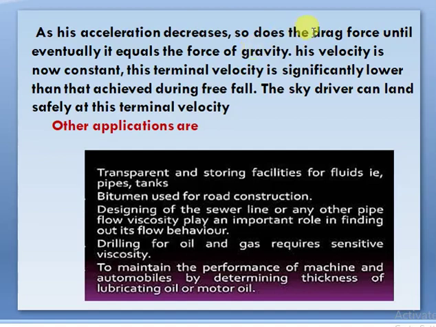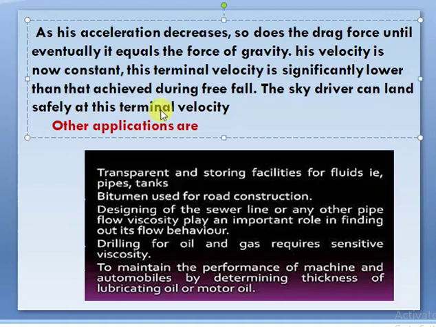So in this case, the velocity is now constant. So the skydiver has reached terminal velocity. His terminal velocity is significantly lower than that achieved during the free fall, so that the skydiver can land safely at this terminal velocity.